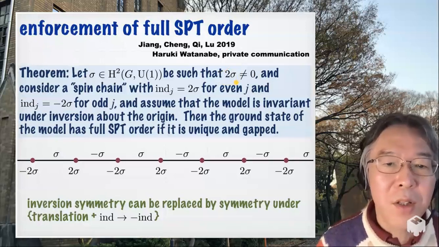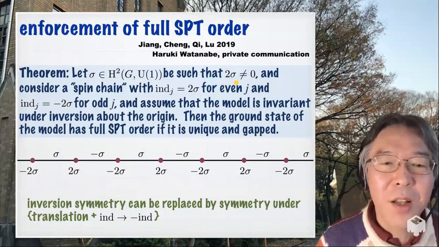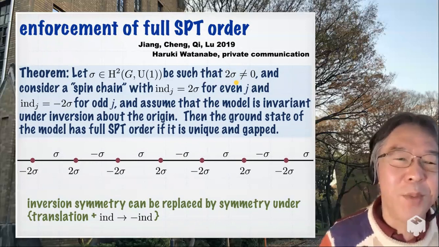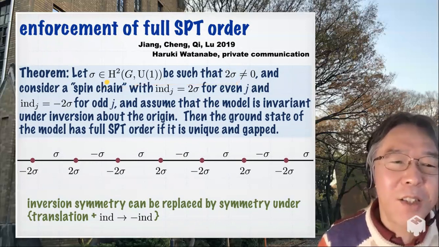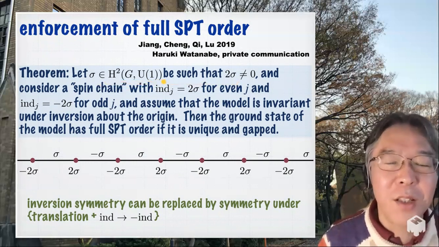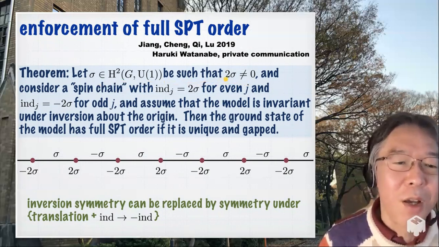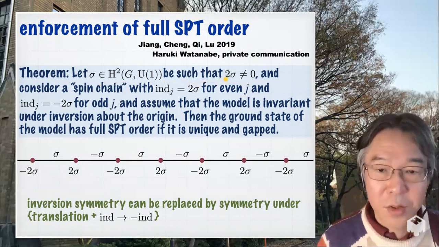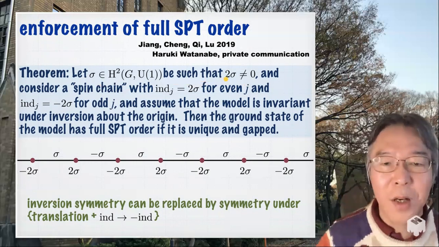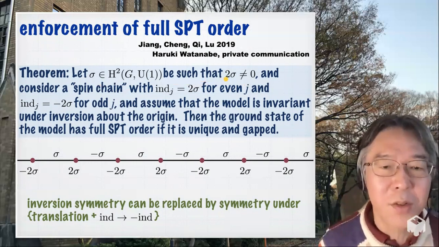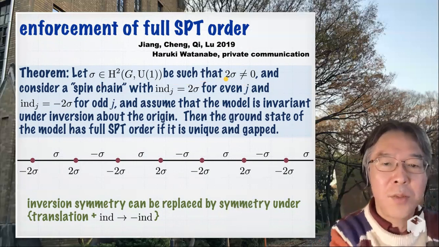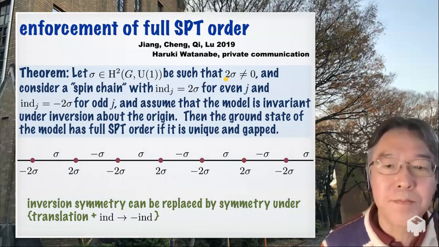And if you are interested in quantum spins, and unfortunately I'm interested in quantum spins, then the second group cohomology is usually Z2. And in that case, the only even element is 0. So you don't have anything like this. So unfortunately, this does not apply to quantum spins. But anyway, mathematically, this is fun. So we have this kind of enforcement of full SPT order.